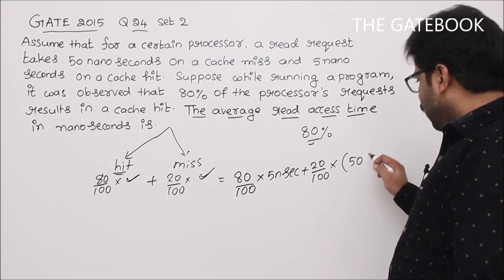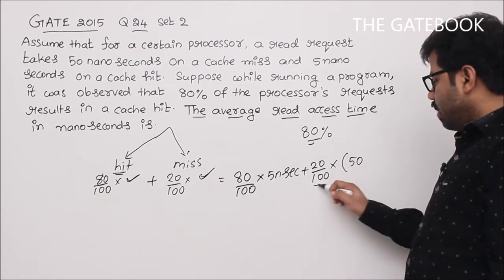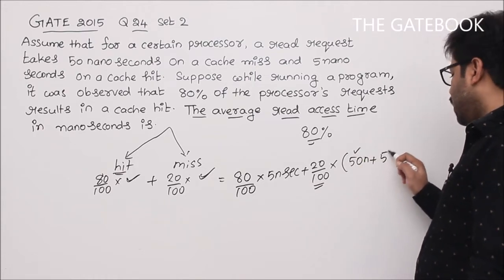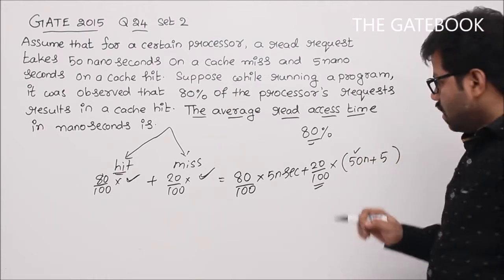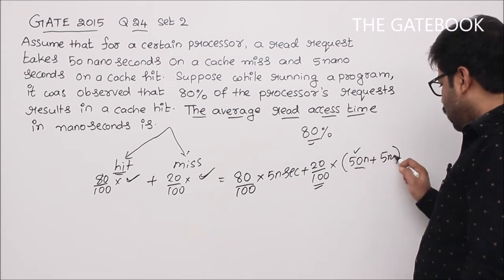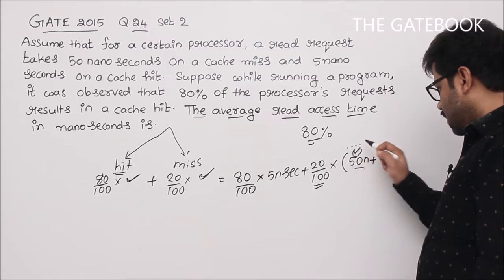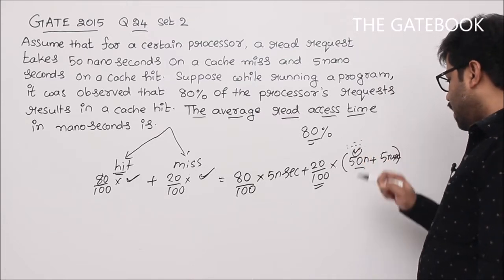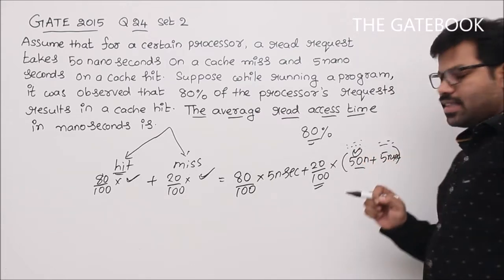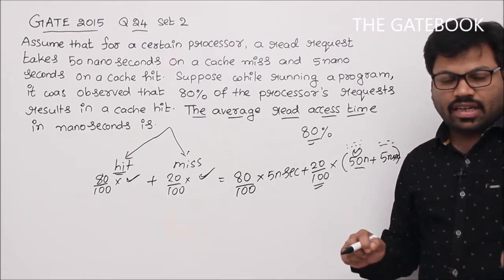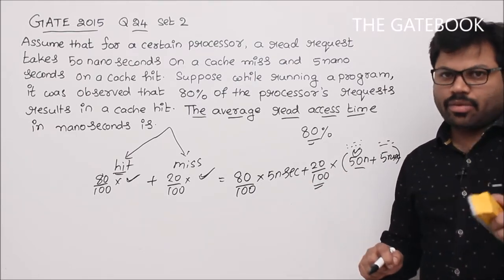Some students will have this doubt: sir, 20% of the time we have to invest 50 nanoseconds plus 5 nanoseconds. That is wrong. That 50 plus 5 formula applies when you assume 50 nanoseconds as main memory access time and 5 nanoseconds as cache access time. But these 50 and 5 nanoseconds are not explicitly cache access time and main memory access time.